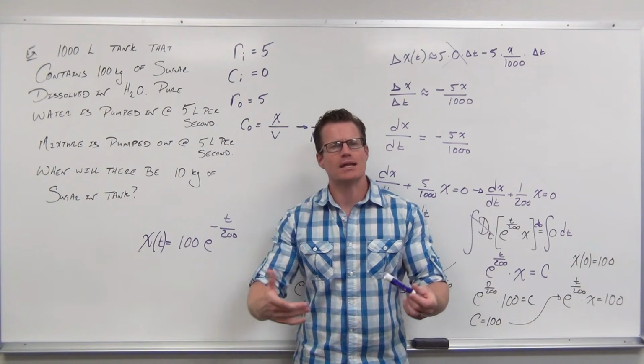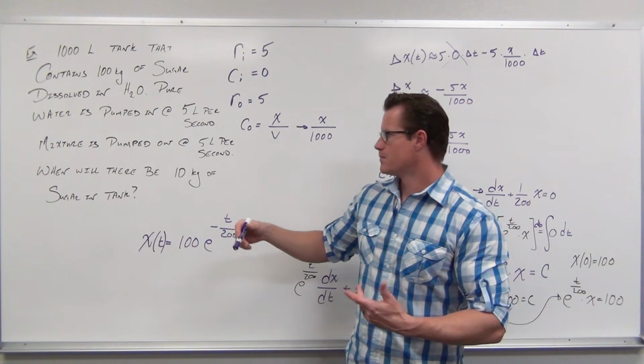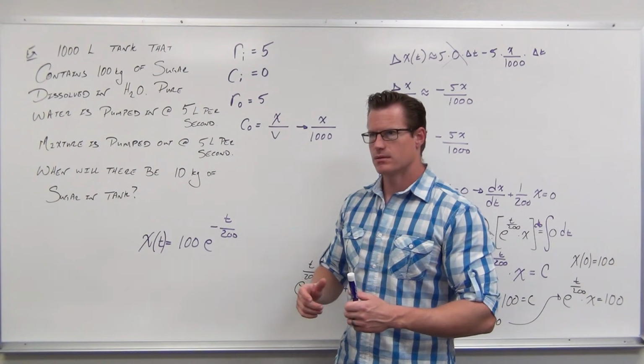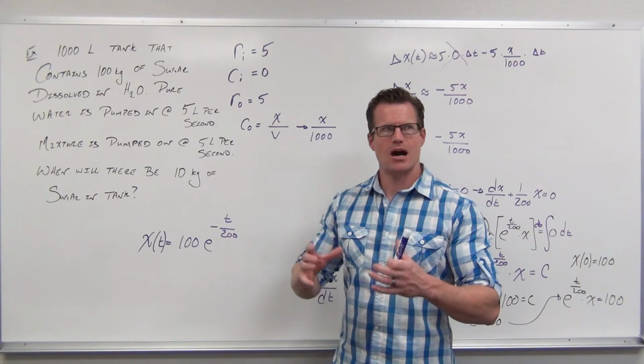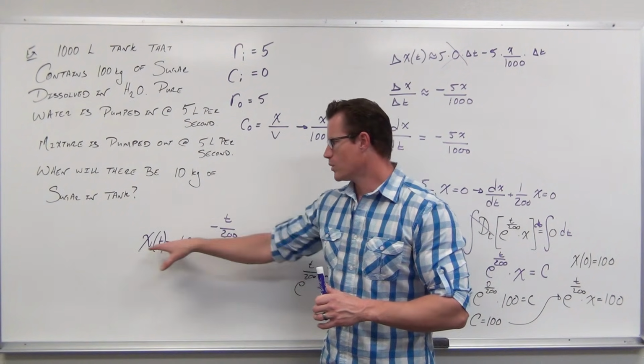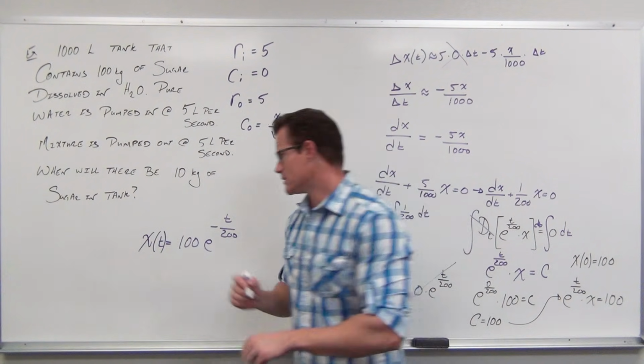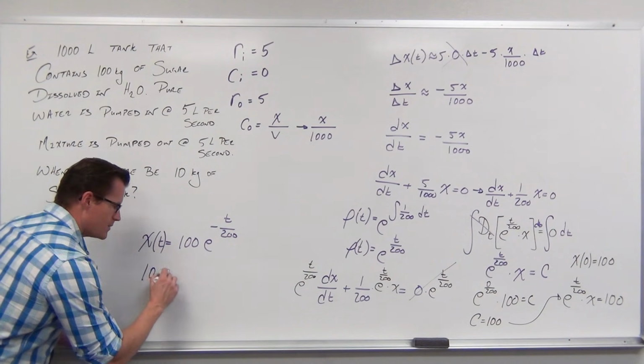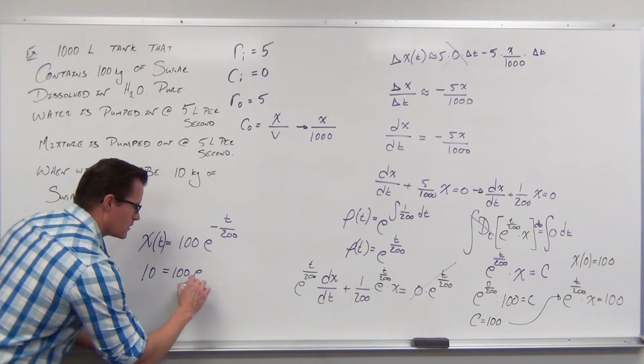That's it. Now we can answer the question, when? When's the time? When will there be 10 kilograms? Okay, if x represents how much there is, when will this equal 10? That's what we're asking. So when will there be 10 kilograms? Solve for the time that gives us 10 kilograms.